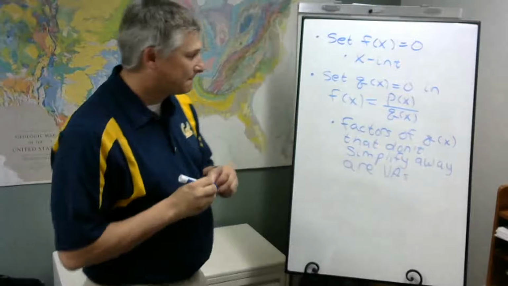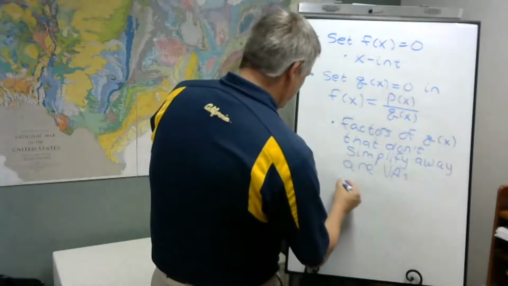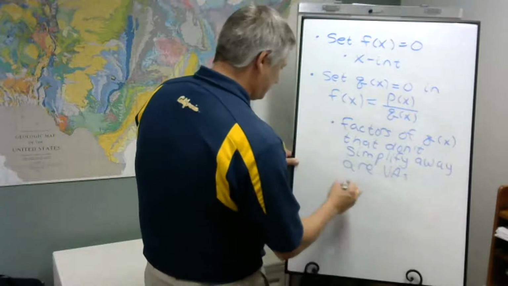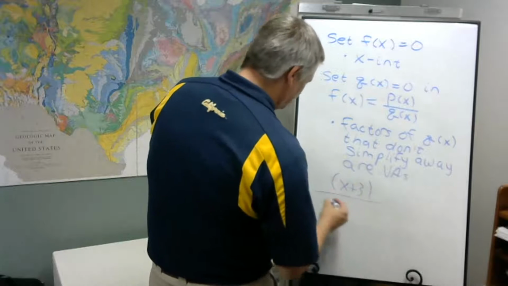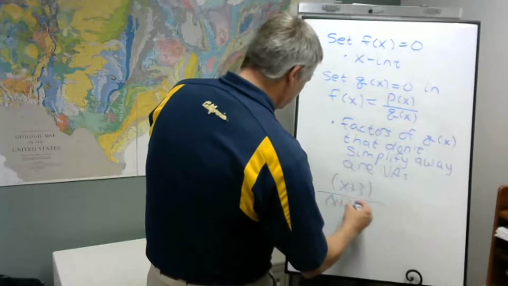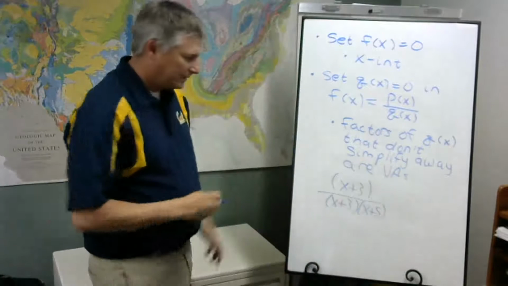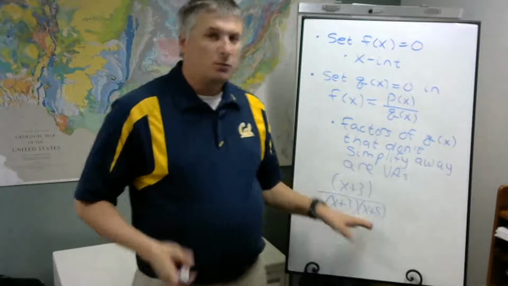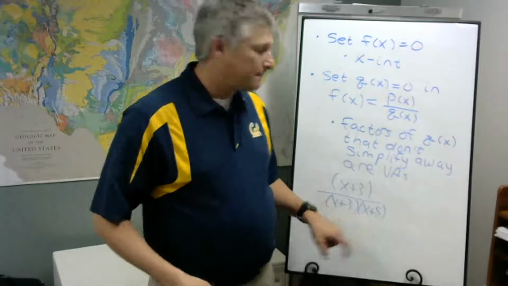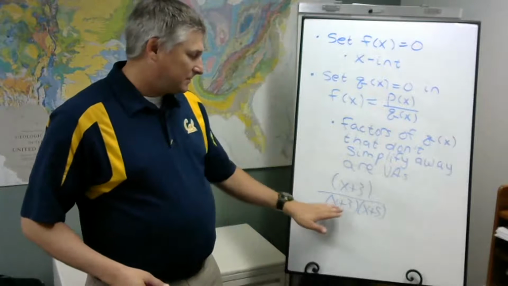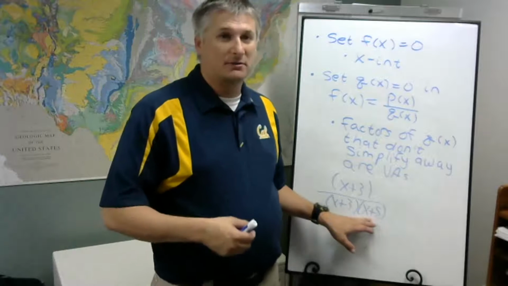Those are the VAs. So to give an example, if we have, say, x plus 1, let's go x plus 3. So this is our q of x, and we can see it's going to be 0 for x is negative 3 and for x is negative 5. Now, that would suggest that negative 3 causes division by 0 and negative 5 causes division by 0.